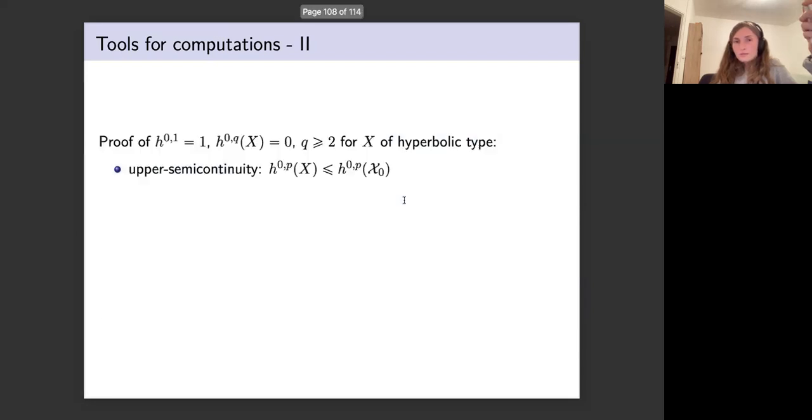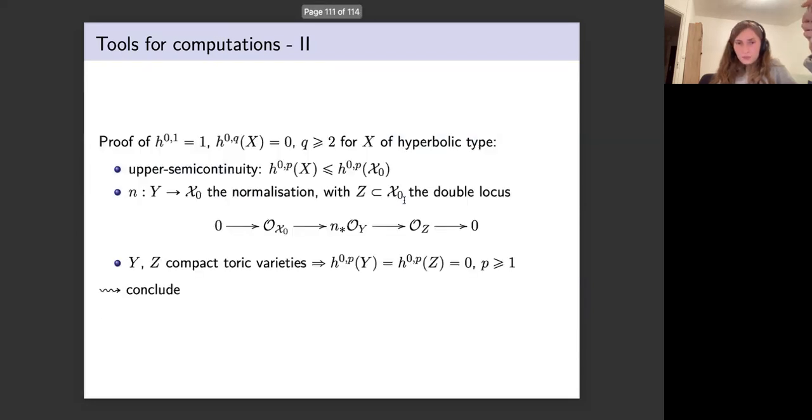And then, the last slide here is very sketchy, but it is what I said, how to compute these Hodge numbers of type H0Q. On one hand, you have upper semi-continuity. On the other hand, the singular fiber is singular, but you can still use, at least for the sheaf of holomorphic functions, the normalization sequence, which will allow you to compute the cohomology of this singular fiber.